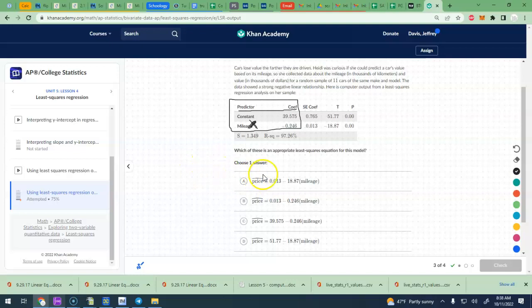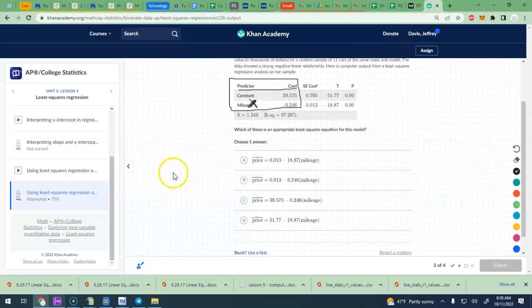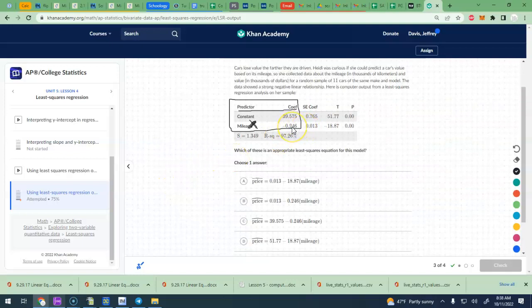Price. So I'm asking for this piece right here. And then this number, the 0.246, goes with the x or the y? Goes with the x, so it goes with mileage, right? So you want 0.246 times mileage, or negative 0.246 times mileage, so it's going to be either B or C.